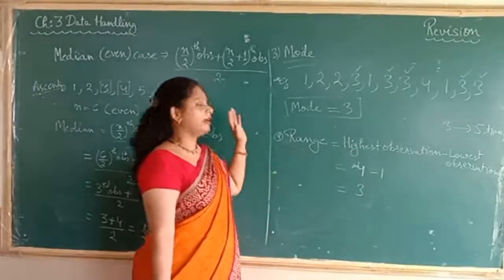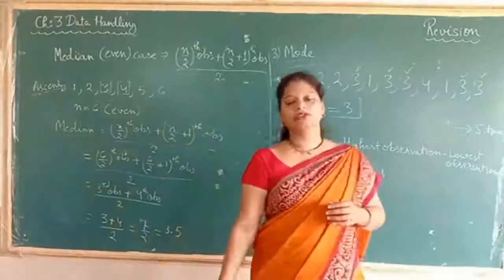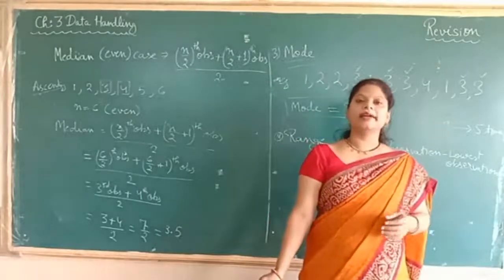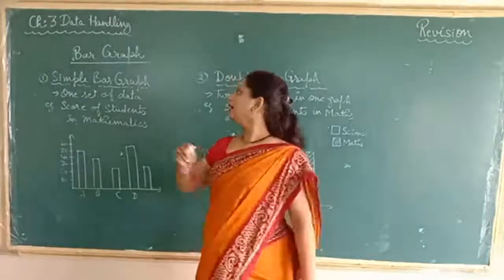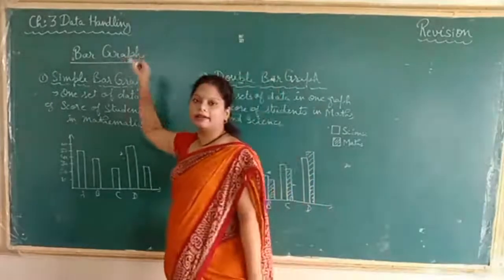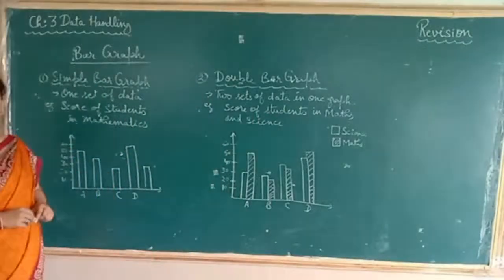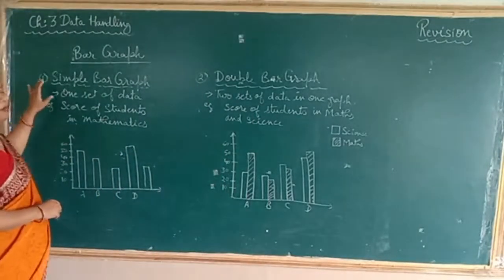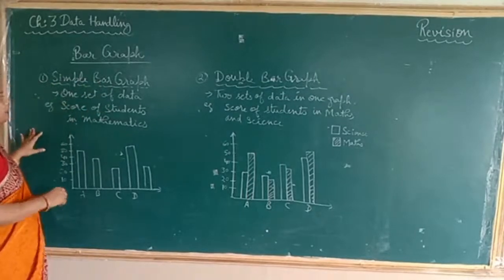So it is all about mean, median, mode and range also. Now we have to understand about bar graphs. Now dear students, let's see bar graph. You also have prepared bar graphs in previous classes. So what is a simple bar graph?